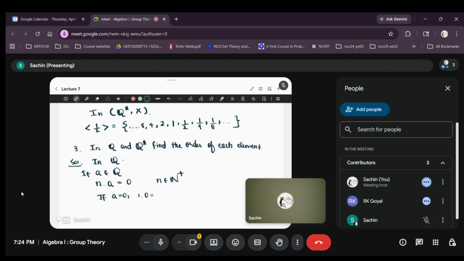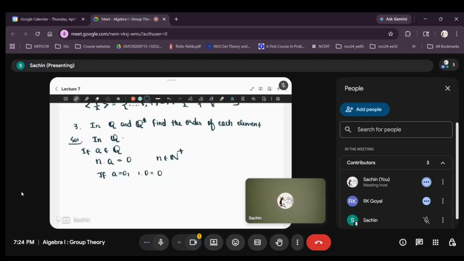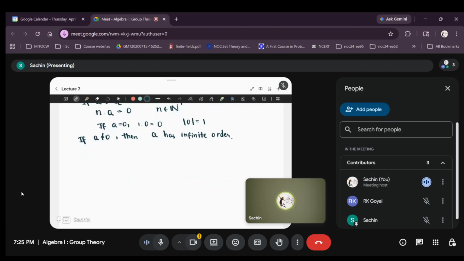One times zero is zero. So we already saw the order of the identity element is one in any group, and zero is the identity, so its order is one. But the rest of the elements, by adding them, we can't get zero. So if A is not zero, then A has infinite order. You will never get zero by adding A again and again.